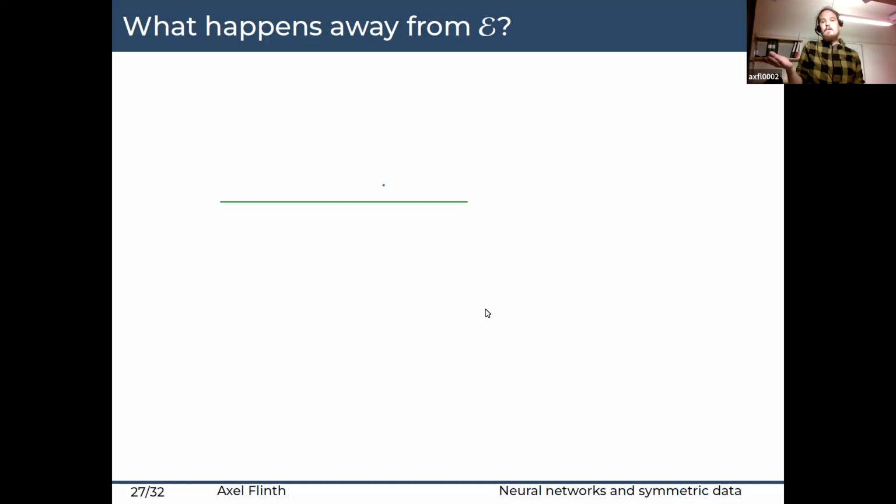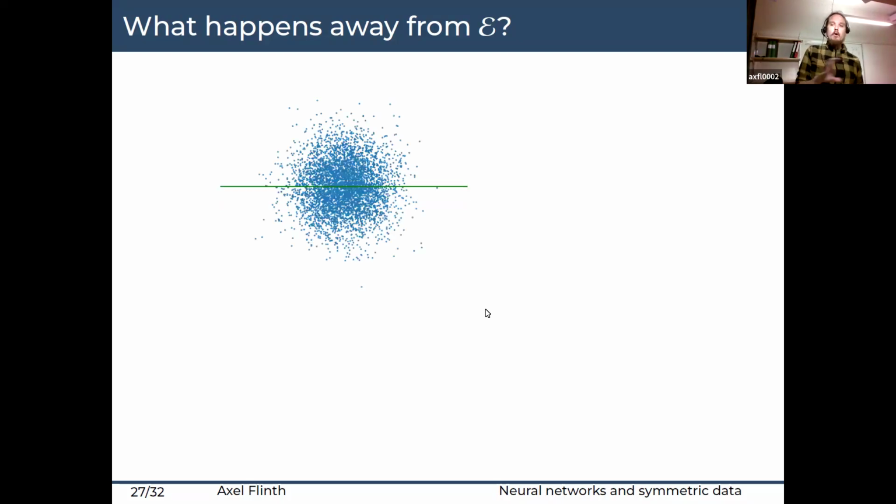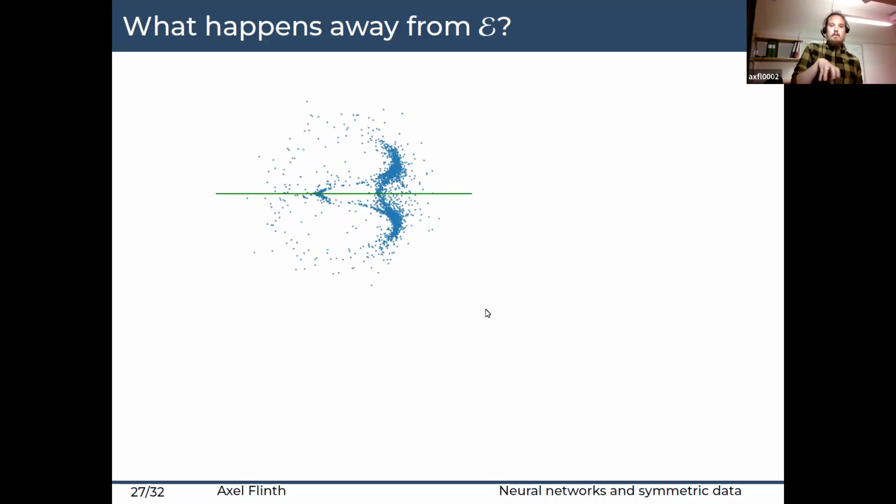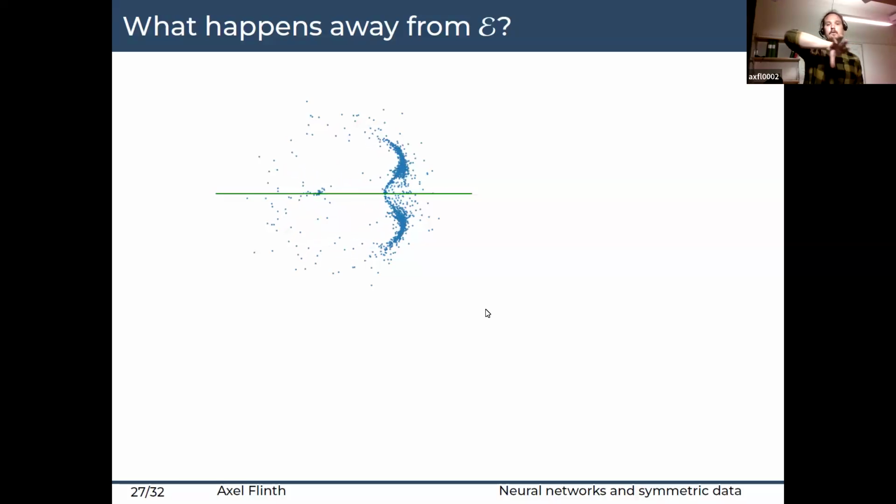So it might go down to E, but it can also, as we see here, escape E. But if we start a lot of networks like this, and we let the dynamics flow, something very interesting happens. So we see here that we are actually converging in a group sense towards a distribution which is symmetric with respect to reflection in the green line.